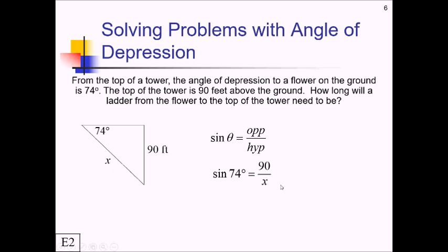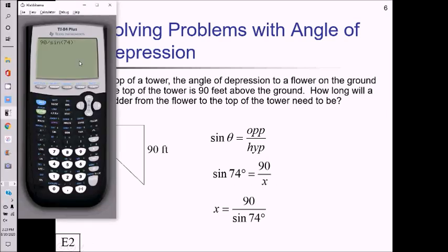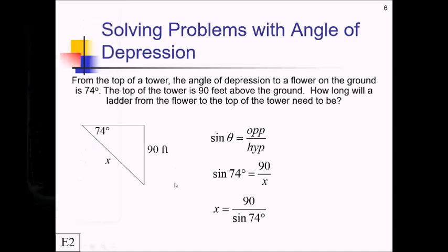And then to solve for x in this situation, we know we have to multiply by x and divide by sine of 74. So basically switch those. So we've got 90 over sine of 74, which we now need the calculator for. So there we are on the calculator, 90 divided by sine of 74. And that is 93.6, and that is going to be in feet.